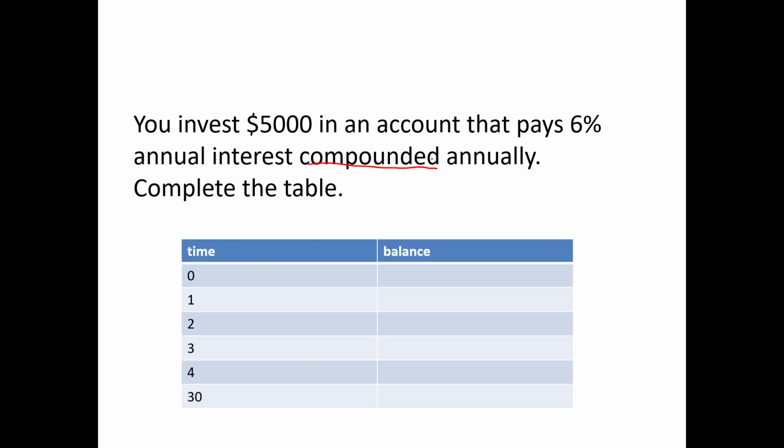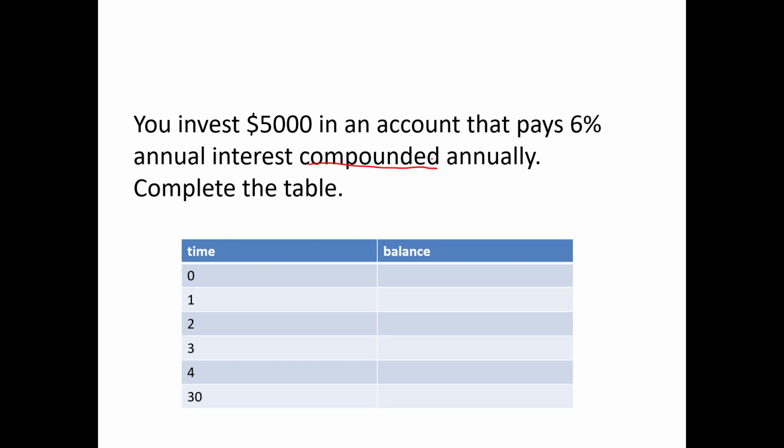So actually, you should pause the video and try to fill out this table on your own. And keep in mind that every time you go through a compounding, the easy way of getting there is by multiplying by 1 plus the interest rate. And in this problem, your annual interest rate is constant at 6%.